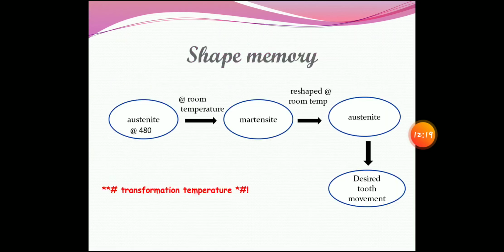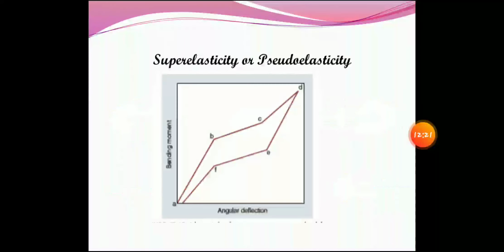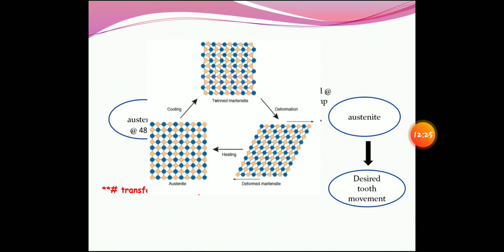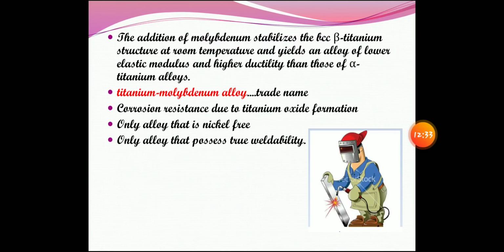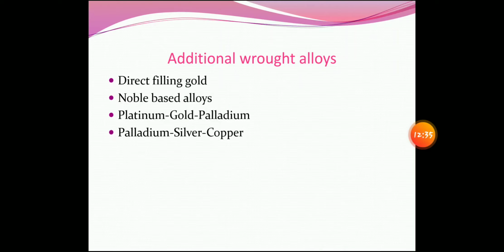So till now we have gone through stainless steel, cobalt chromium, nickel titanium, and these beta titanium alloys. These are the most important alloys which are routinely used in practice in dentistry. Other than this, there are additional wrought alloys which are of noble metals.